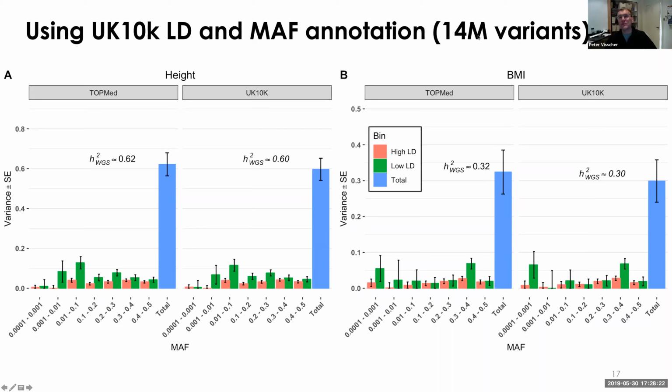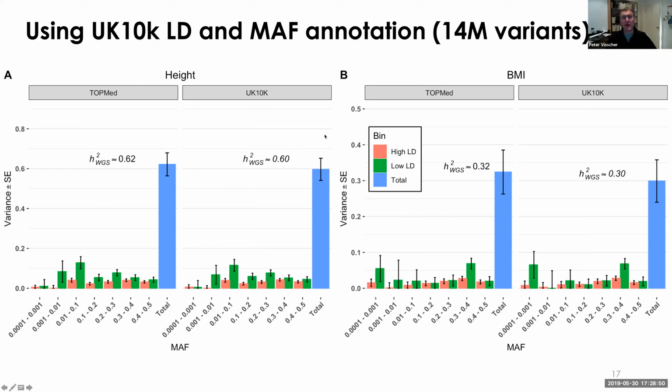We found 14 million variants that overlapped, so a substantially smaller number of variants that overlap between the two sets of sequenced samples. And we used these 14 million variants, the annotation of MAF and LD in the UK10K, to put our SNPs into bins and do the same estimates.